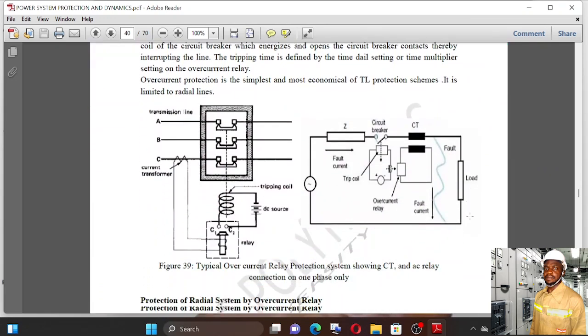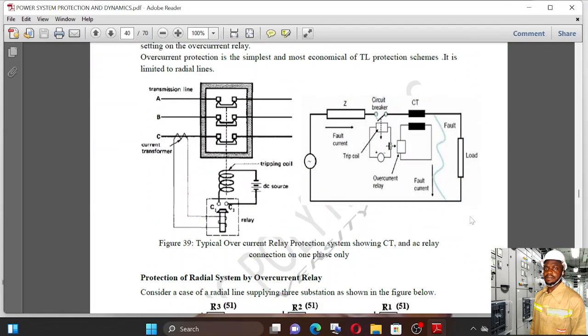So here we use a current transformer only. We don't use the voltage transformer, but only the current transformer. So the current transformer is used because we need the value of the currents on the line. So when the current transformer is used, the current produced is fed to this relay.